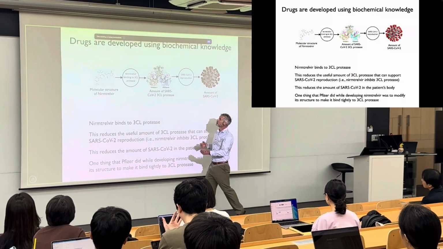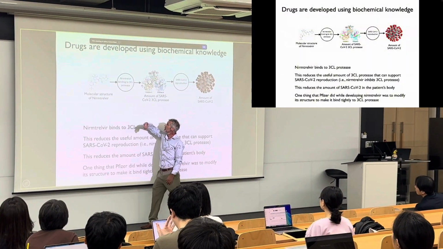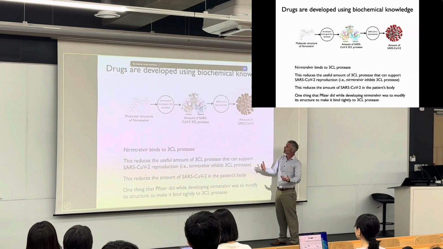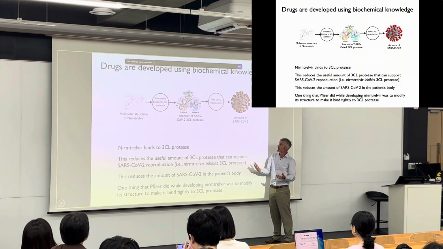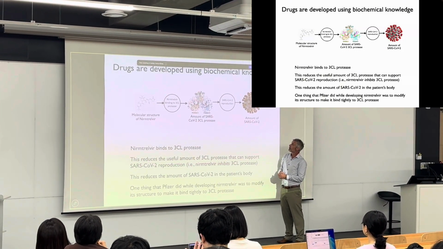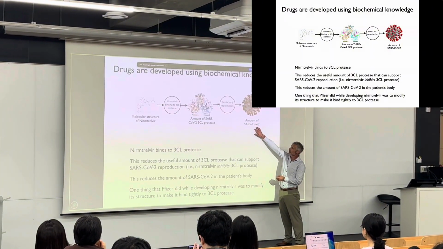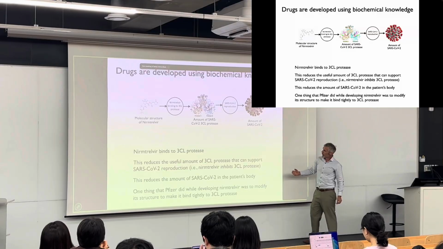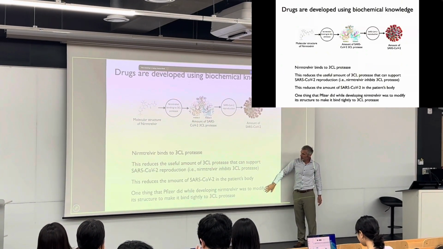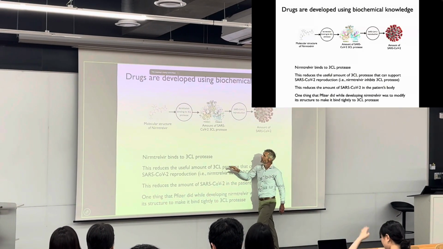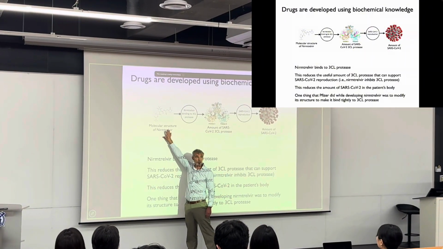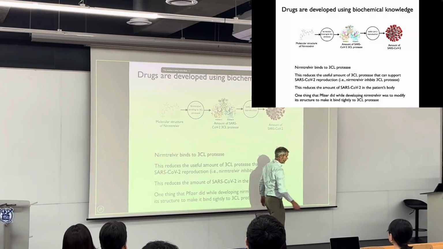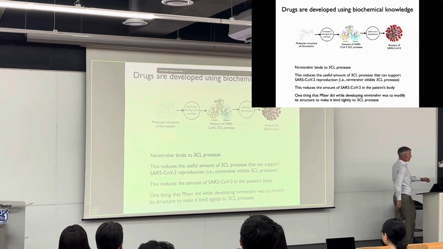So if you increase this drug in the bloodstream in areas, or in the proximity of where SARS-CoV-2 is doing its reproduction, then you're going to reduce the amount of SARS-CoV-2 in the body, right? And when Pfizer was developing this drug, presumably one of the things that they did was to modify the structure of this small molecule in order to improve the strength of binding, so as to more successfully prevent reproduction.